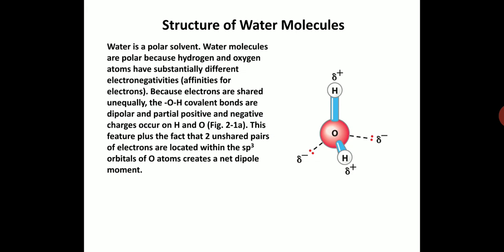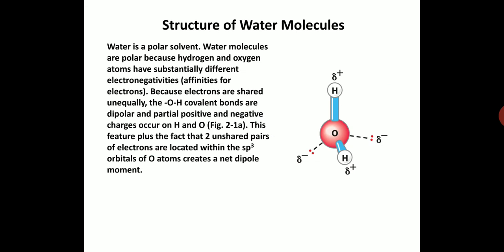Now we will see the structure of water molecules. Water is a polar solvent, as we know. Water molecules are polar because hydrogen and oxygen atoms have substantially different electronegativities, that is, affinities for electrons.